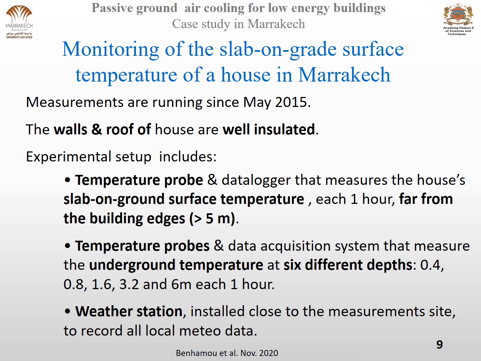And also temperature probes and a data acquisition system that measure the underground temperature in the house garden at 6 different depths. These measurements are recorded each hour. Also, a weather station is installed close to the measurement sites to record all local meteo data.